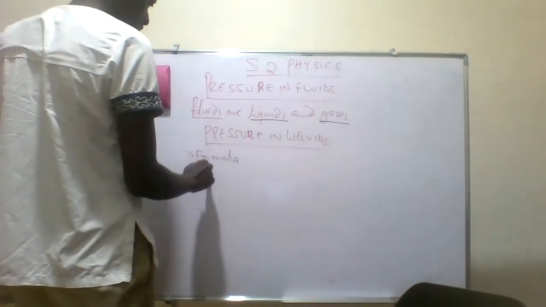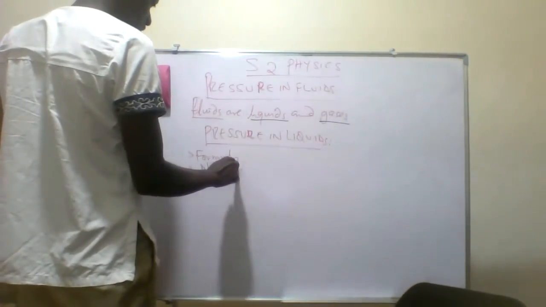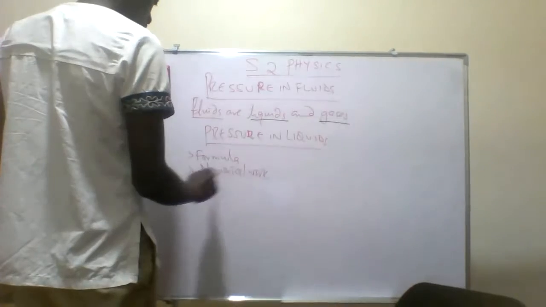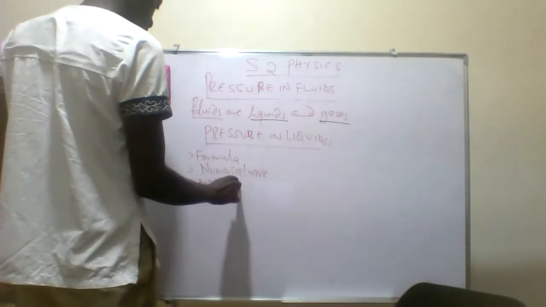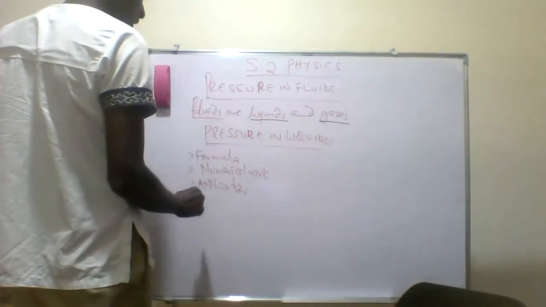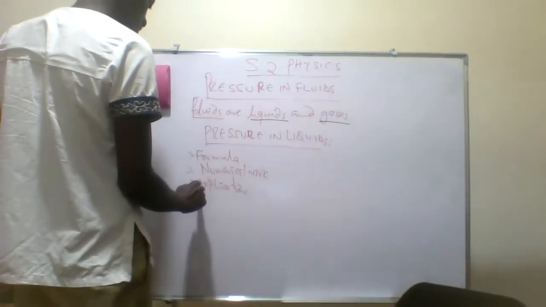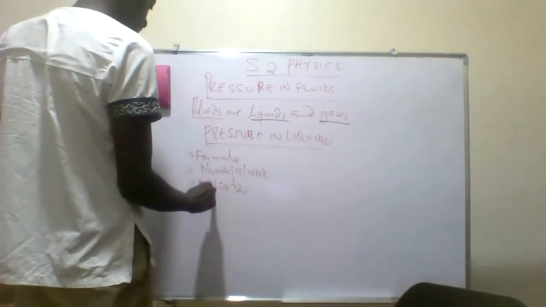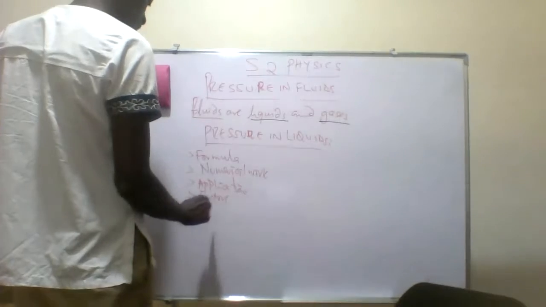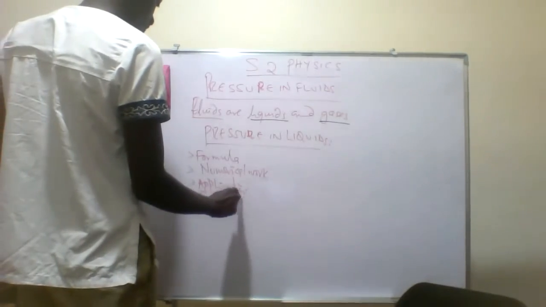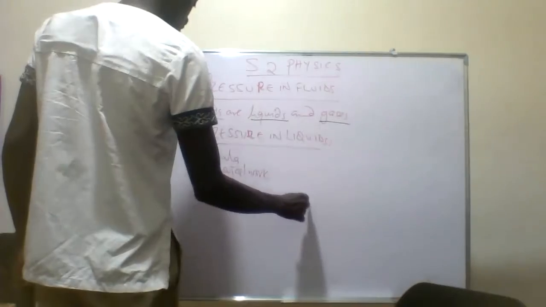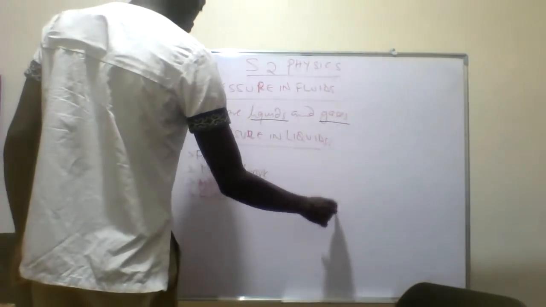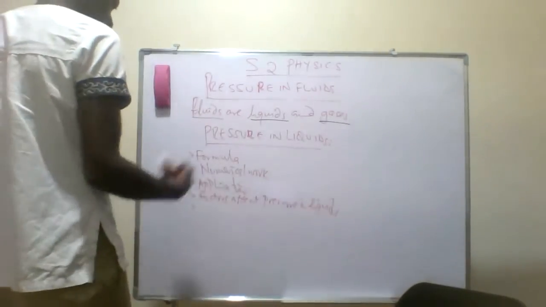We have to do the numerical work, and we need to look at the applications in a later tutorial. And we look at the factors that affect pressure in liquids. We shall also look at gases, but not now.